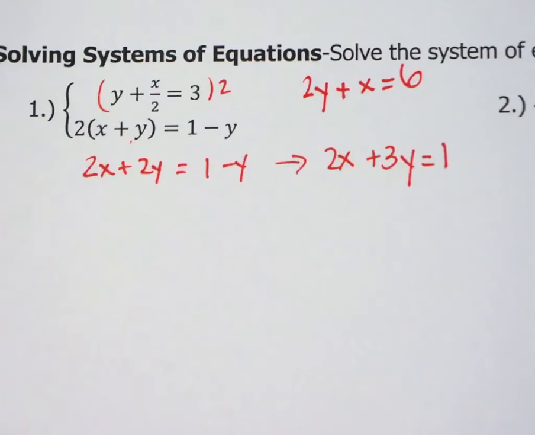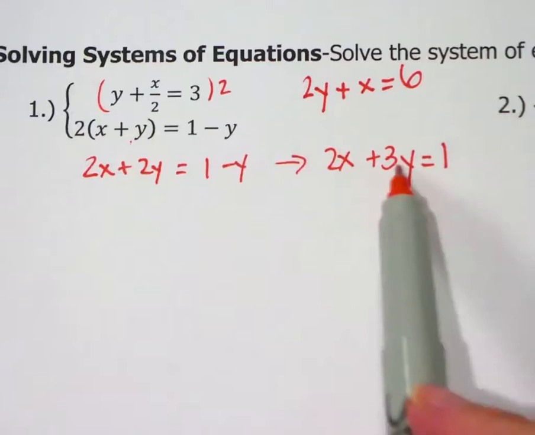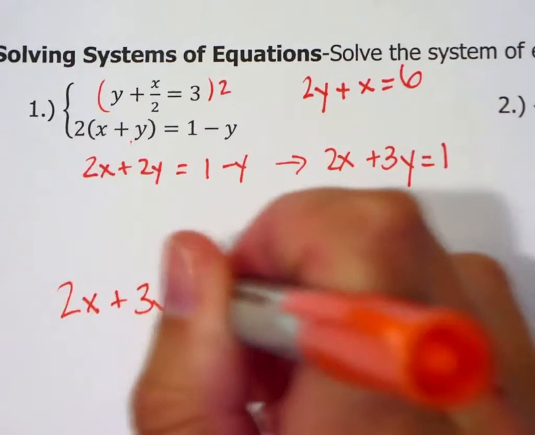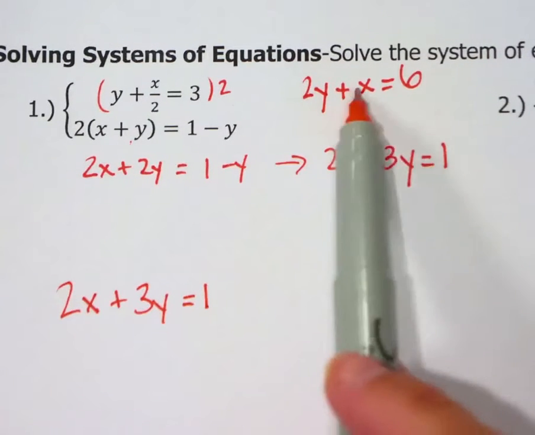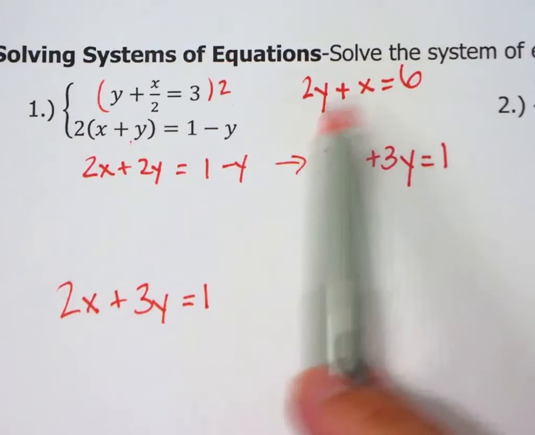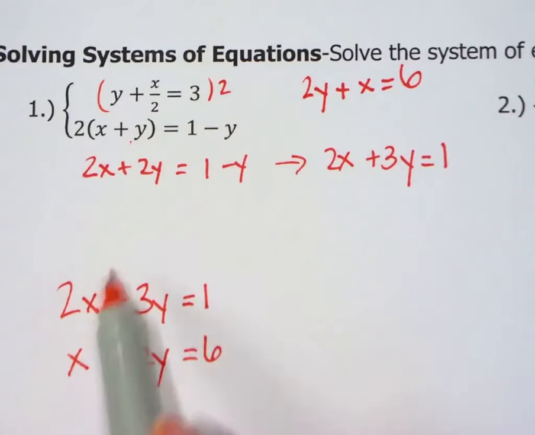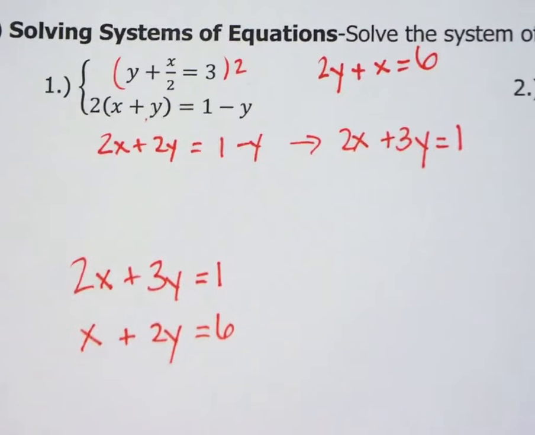From here, I would probably use elimination just because these are both written in standard form. I can go ahead and bring the 2x plus 3y equals 1 down. Now, when I bring this first equation down, I'm going to go ahead and switch the x and the 2y just so that my variables are lined up in my elimination.